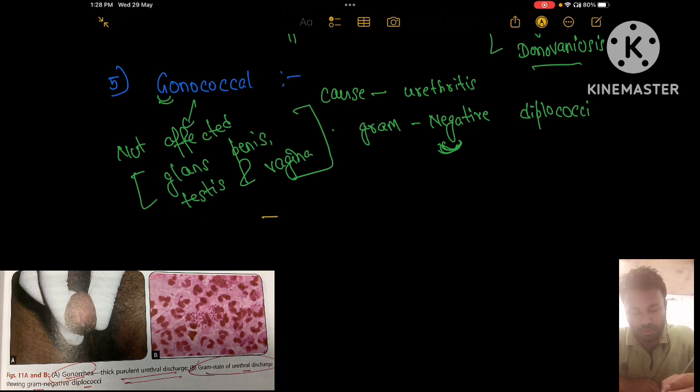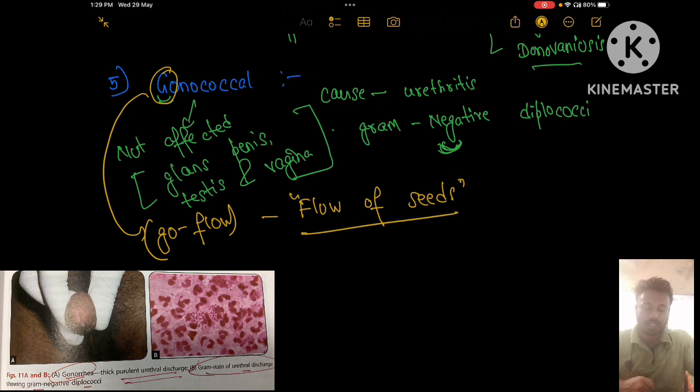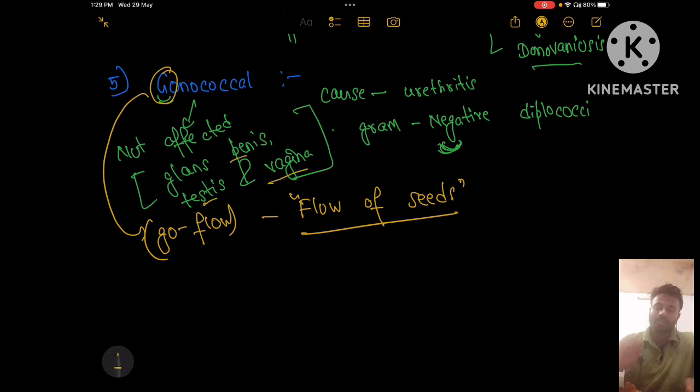In gonococcal, go means flow. We can see flow of seeds. So in gonococcal, we can see flow of seeds. Gonococcal is gram negative diplococci. Gonococcal does not affect glans penis, testis, and vagina.